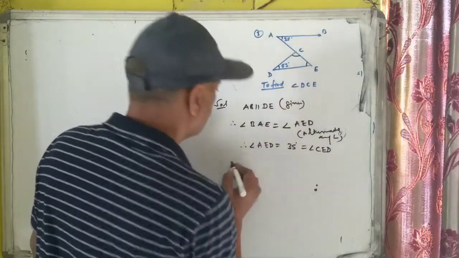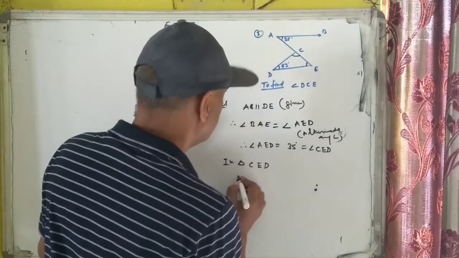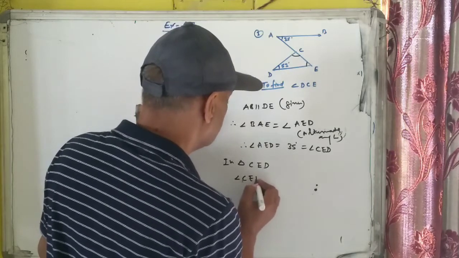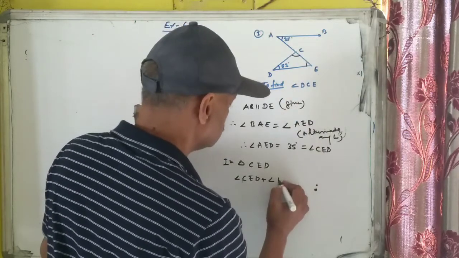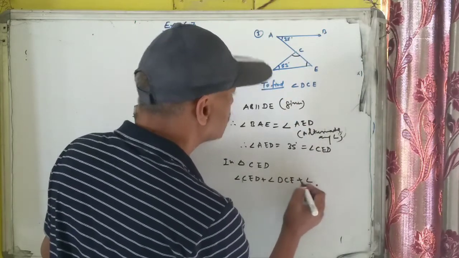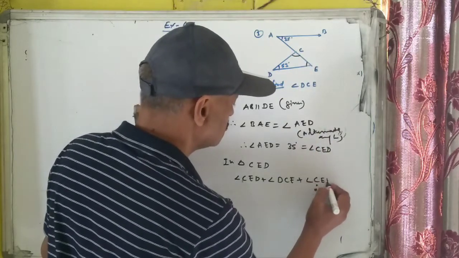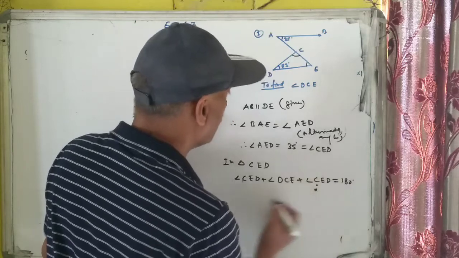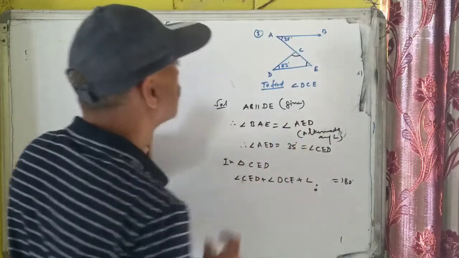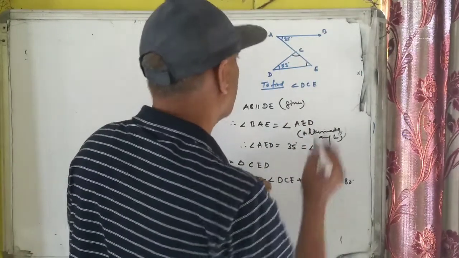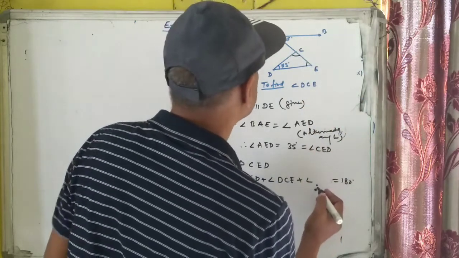Okay, so just come into the triangle. In triangle CED, we have angle CED plus angle DCE plus angle CDE equal to 180 by the angle sum property.